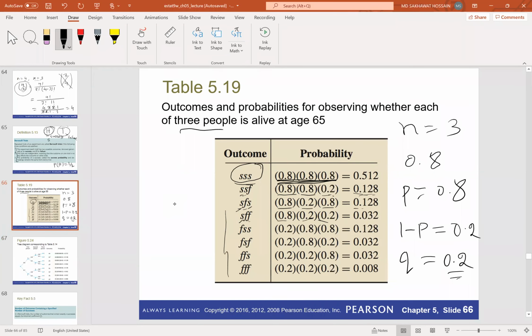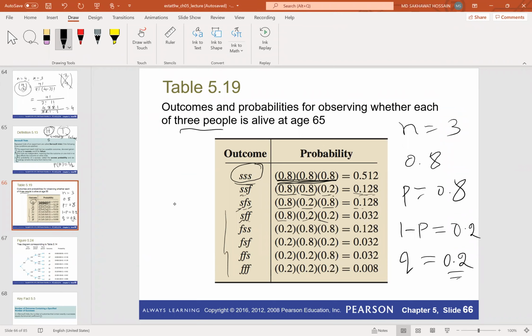Yes, this is also a Bernoulli trial, right? Because here we have only 2 possible outcomes and the trials are independent. Whether the first person is alive or dead doesn't depend on the second person, and whether the third person is alive or dead doesn't depend on the other 2 persons, right? Because they are independent.